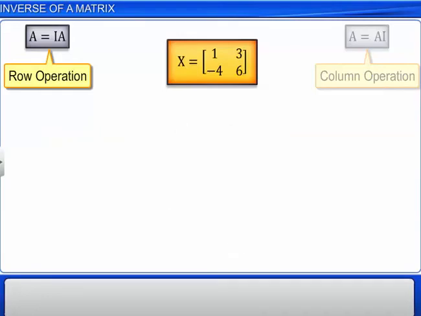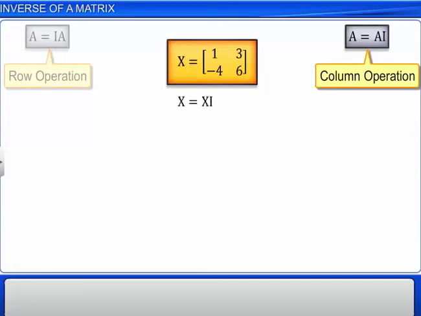Now, we will obtain the inverse of the same matrix X using column operations. When we want to perform column operations to find the inverse, we should express matrix X as X multiplied by the identity matrix. Now, we will perform column operations until the matrix on the left-hand side transforms into an identity matrix.